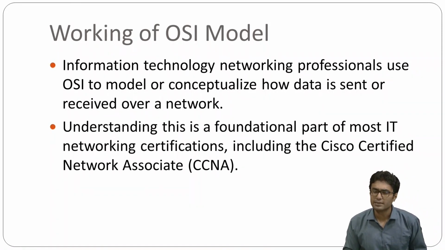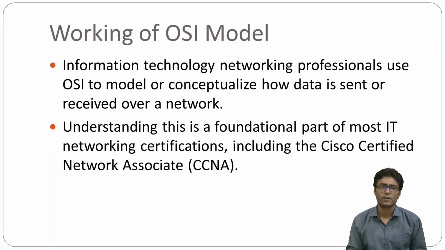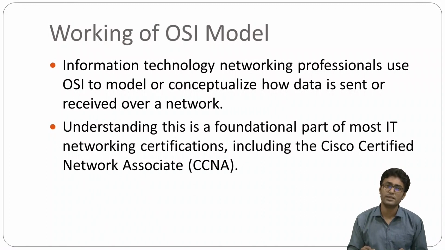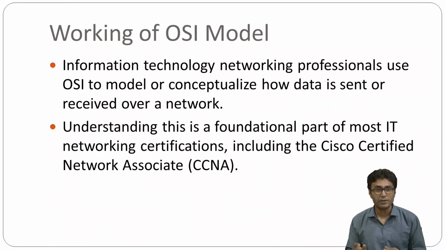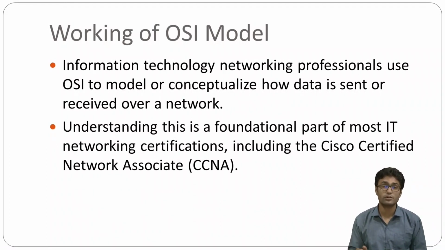Now the main concept of OSI is that the process of communication between two endpoints in a network can be divided into 7 distinct groups of related functions, or layers. Each communicating user or program is on a device that can provide those 7 layers of functions.